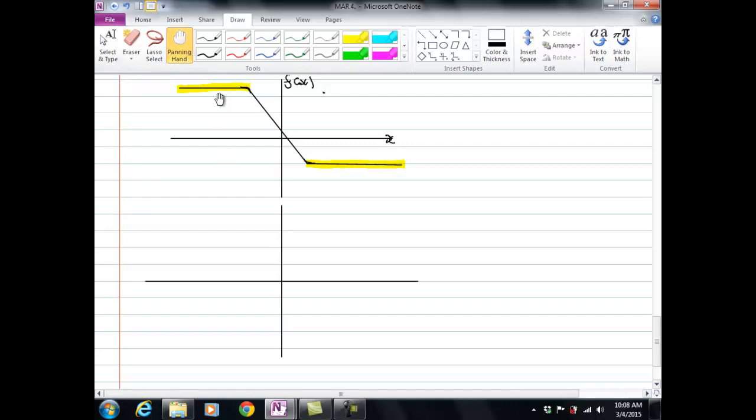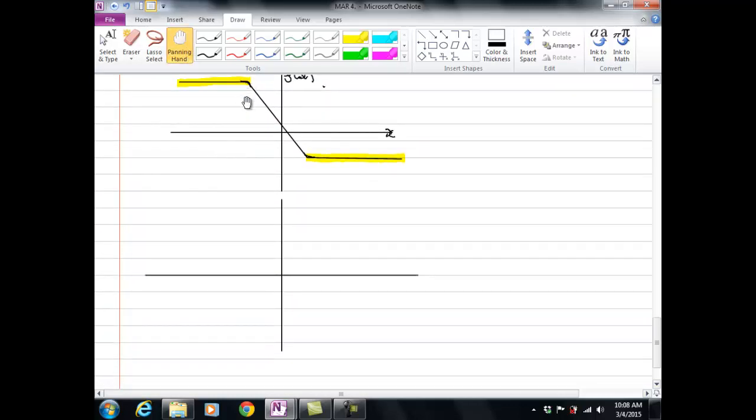So when I graph this, I start with where it's 0 first. This whole piece from here to here is 0. So my slope, the f prime of x, is going to be this shape right here.